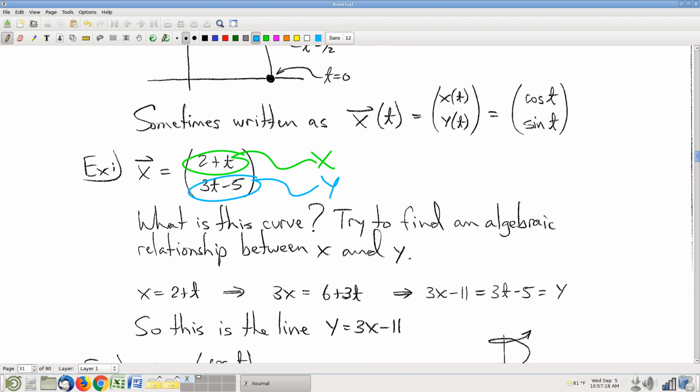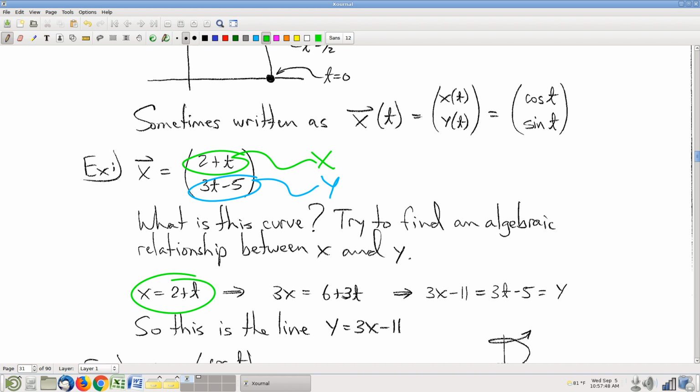You can just play around with it until it works. So this x, which is 2 plus t, how do you have to manipulate that x to make it look like y? Just play the game. I look at the formula for x, there's a t in it. I look at the formula for y, there's 3t in it. How about I take that x and multiply it by 3?